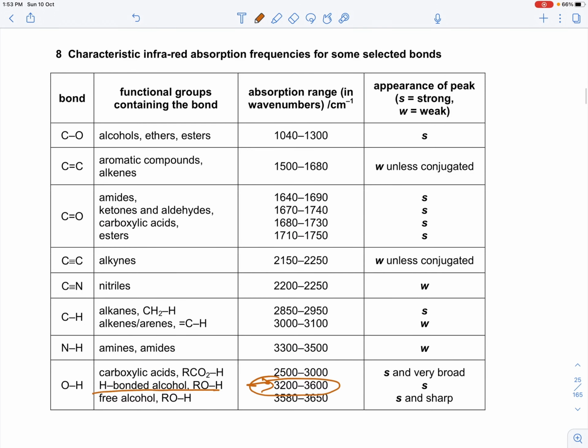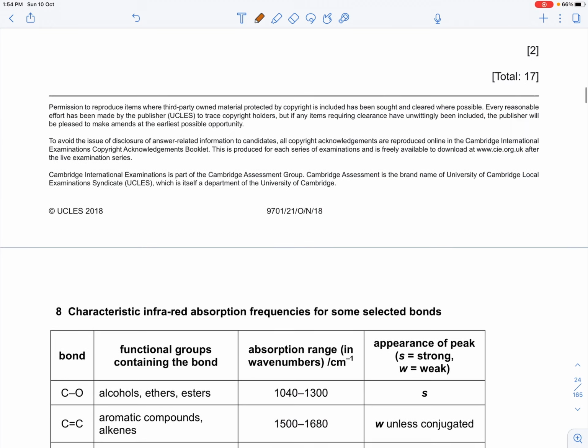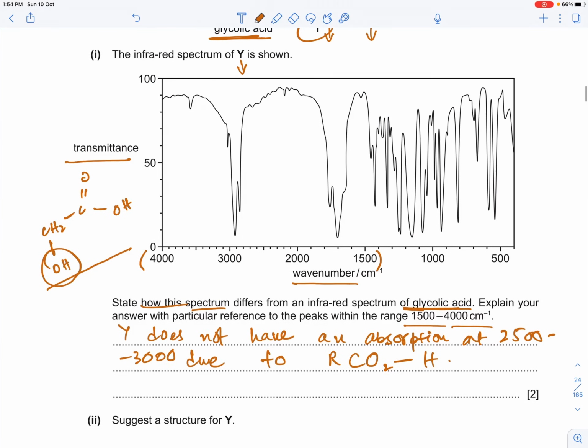The OH of carboxylic acid, its range is 2500 to 3000, and the OH of alcohol, its range is 3200 to 3600. So we do not have any peak in this region. This is 3200 to 3600, so there is no such peak.